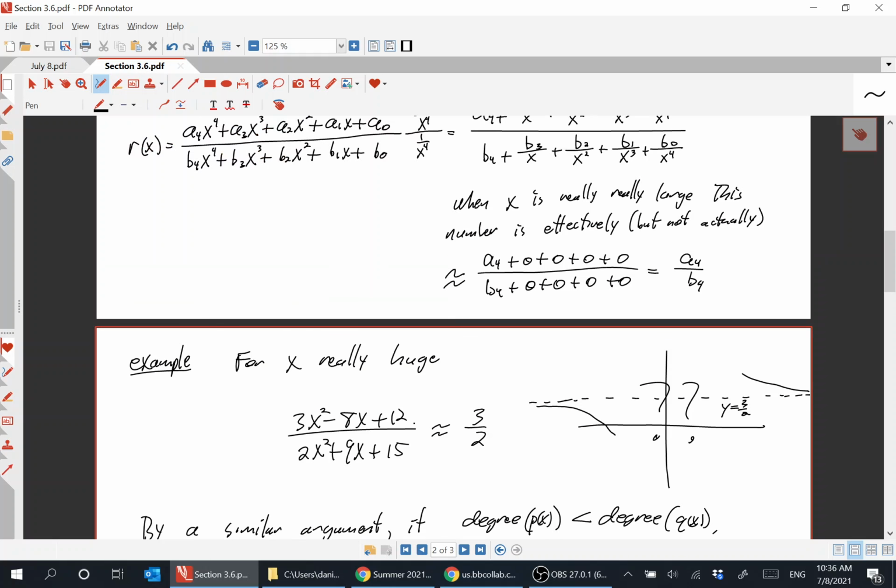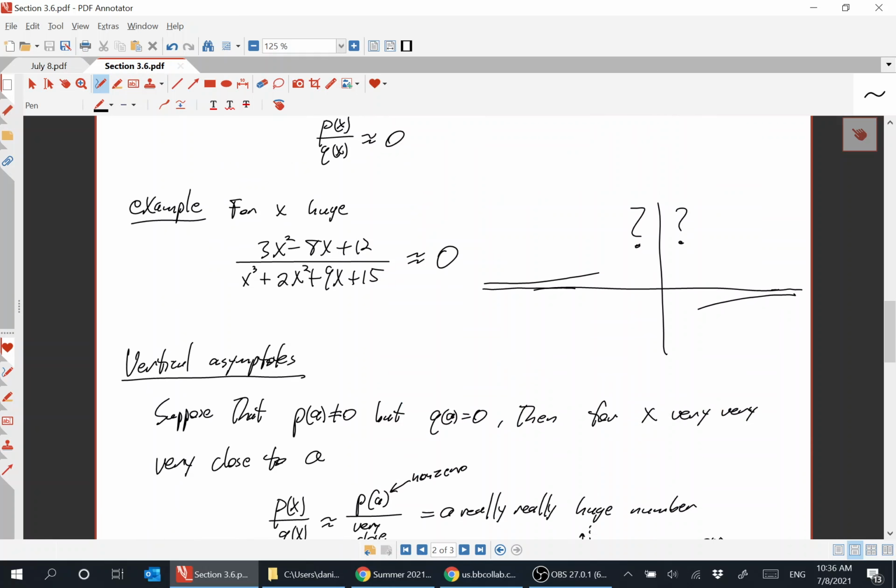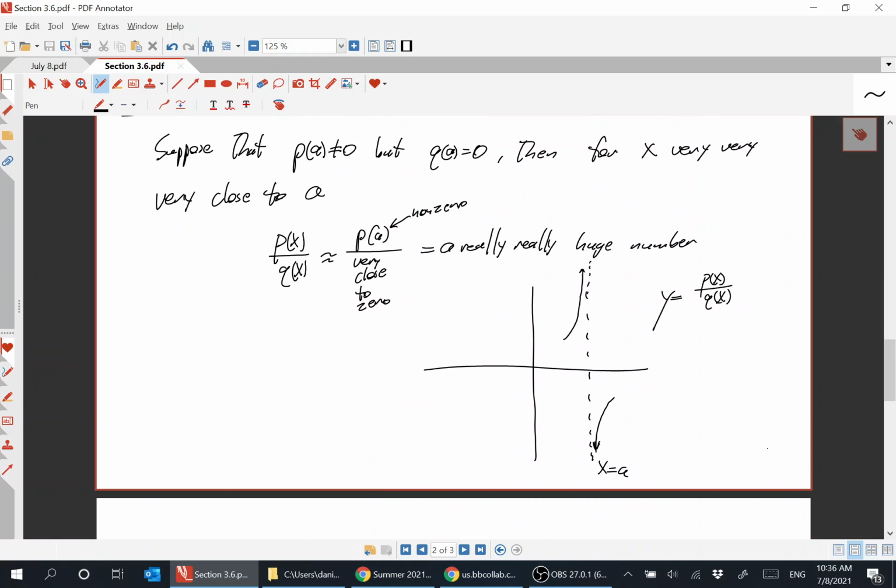So you either have a horizontal asymptote at some non-zero number, or you have a horizontal asymptote at 0, which is the x-axis itself. And then you have these vertical asymptotes when the rational function has division by 0, but the top is not 0. When the top and bottom are both 0, there are other considerations, but let's leave it at this for now.